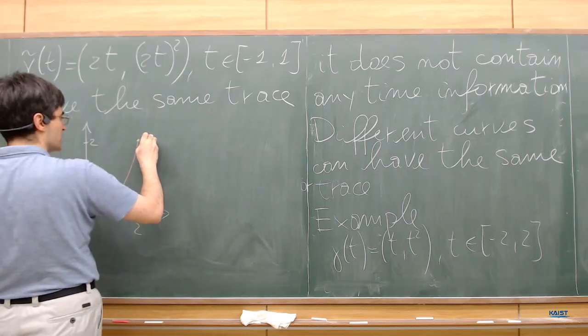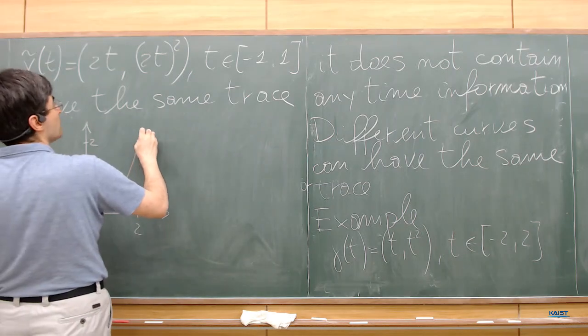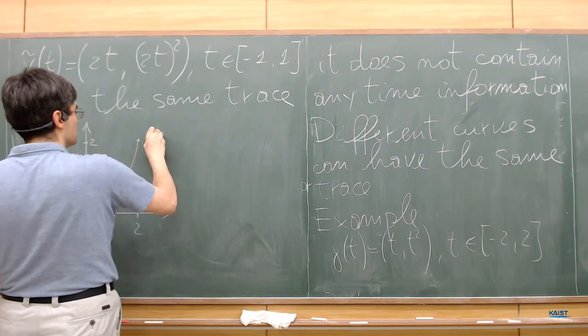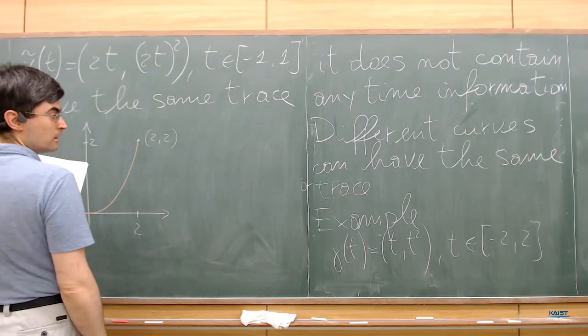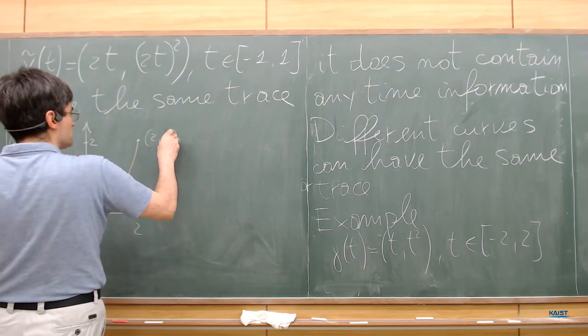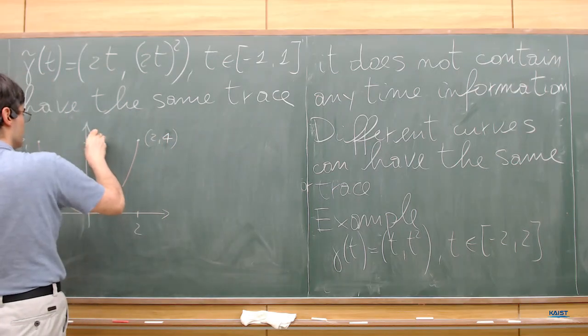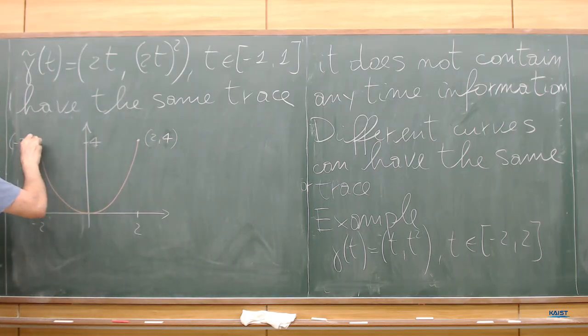So the endpoints have coordinates 2, 4, and minus 2, 4.